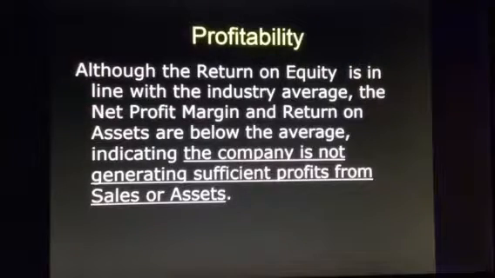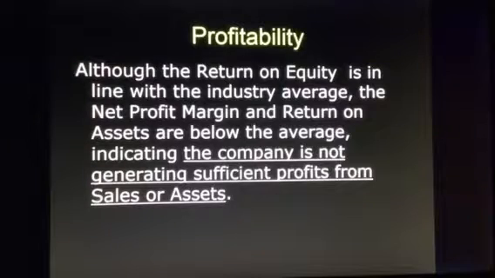So net income is an income statement amount, and assets, of course, are from the balance sheet. And so really we could say the company did not, since we're looking at the past, some measures of sales or profits, but it's probably as understandable and concise to say the company is not generating sufficient profits from sales or assets.